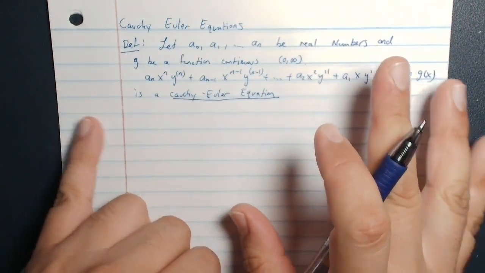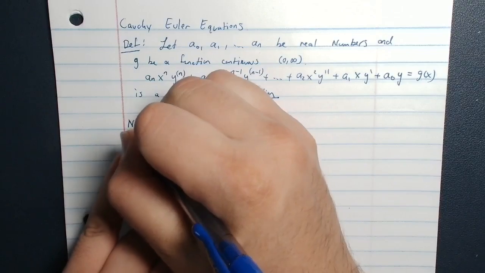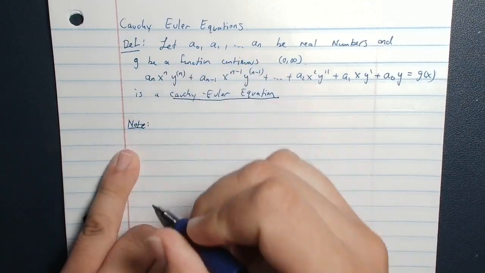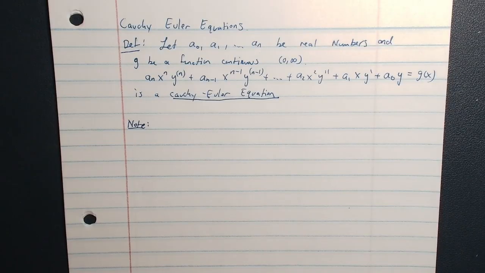Before we get into examples of this and how to solve this, we do have a quick little note here. You may remember from the beginning of chapter 4, we had some theorems of existence, of if our functions follow certain criteria, then we're guaranteed to have a unique solution.